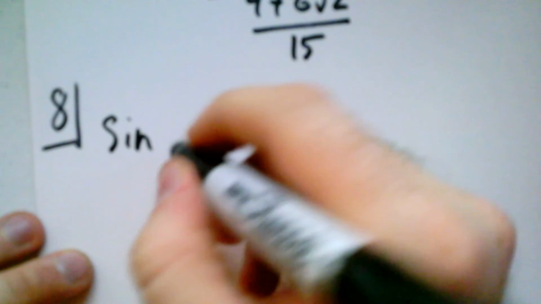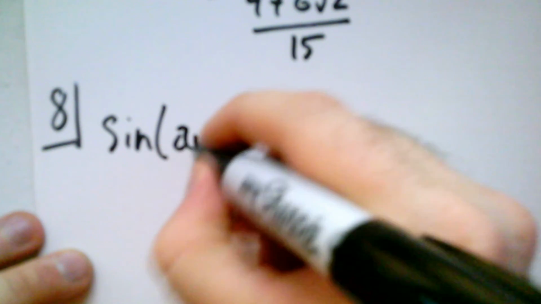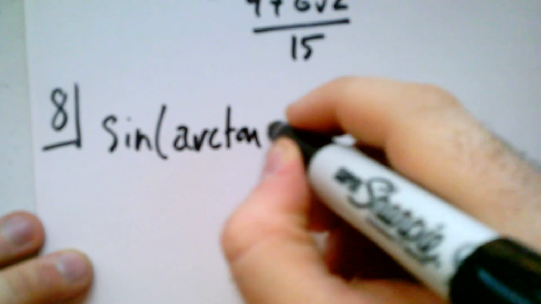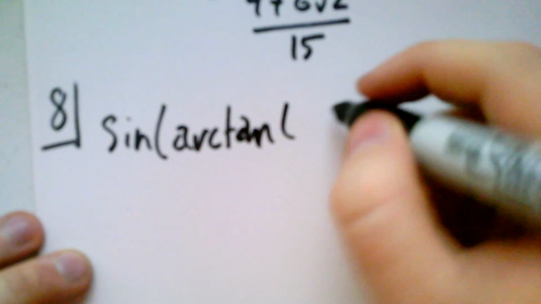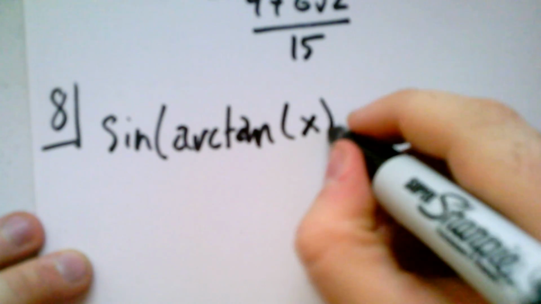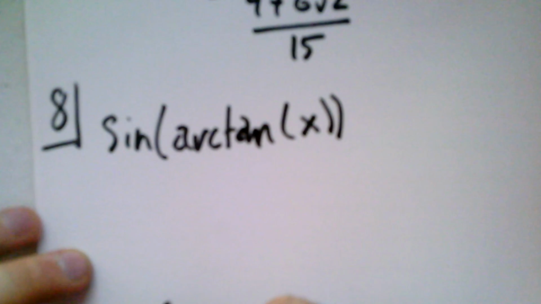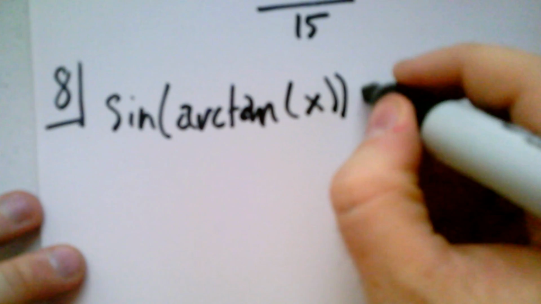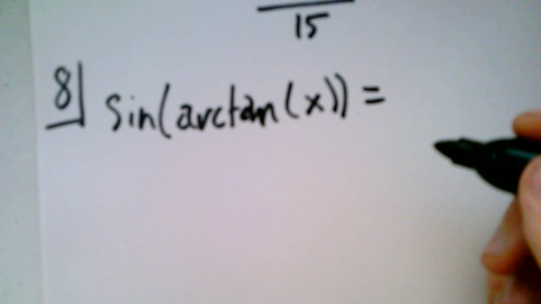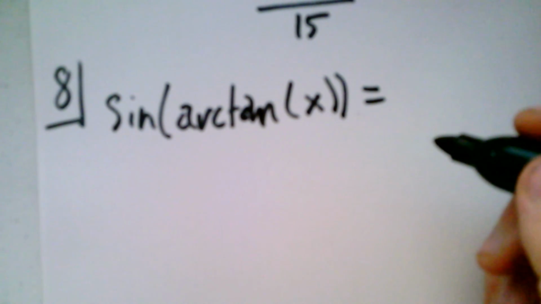Problem 8 is going to be, we want to figure out the sine of the arctangent of x. So, we want to simplify this to get rid of all trig functions and arctrig functions.